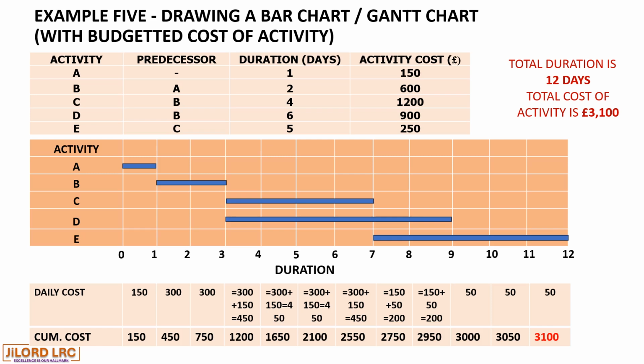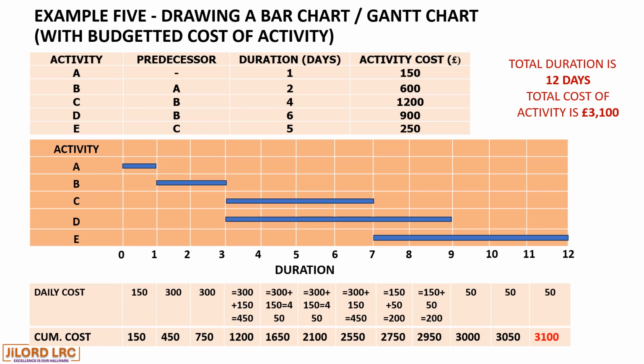Activity E by day 10 is the only activity available with a £50 cost, adding up to the previous day's £2,950 cost, making a £3,000 cost.